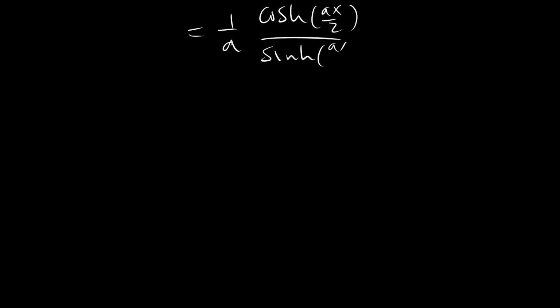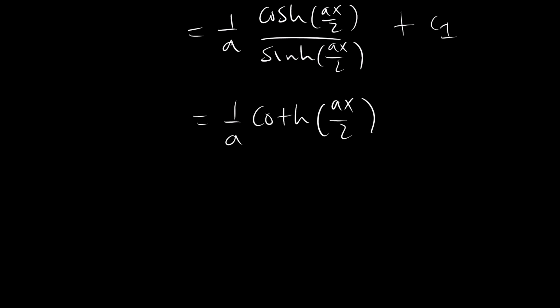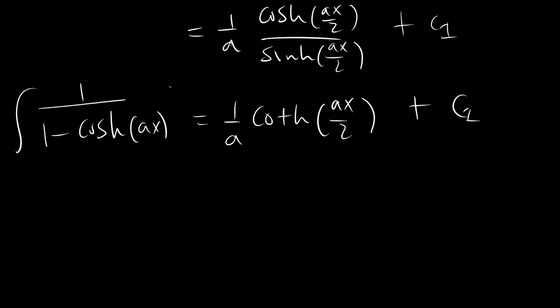So we get 1 over a cosh(ax/2) over sinh(ax/2) plus c1, which is 1 over a hyperbolic cotangent of ax over 2, right, and that is what you get by integrating that.